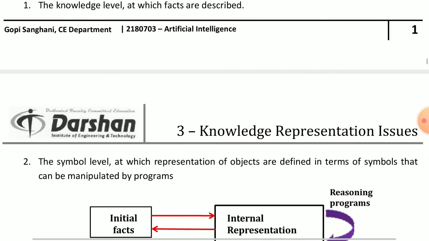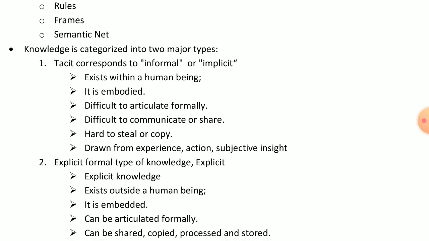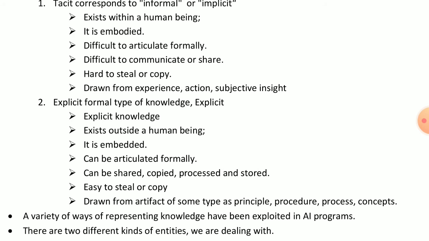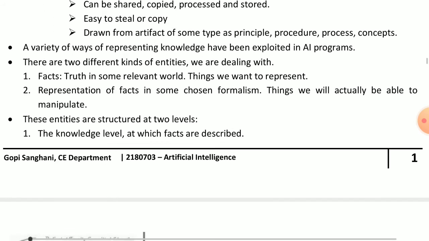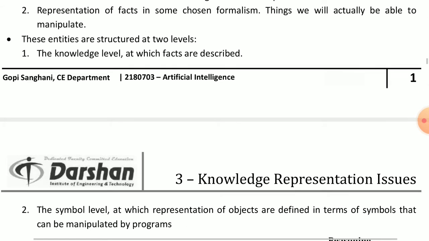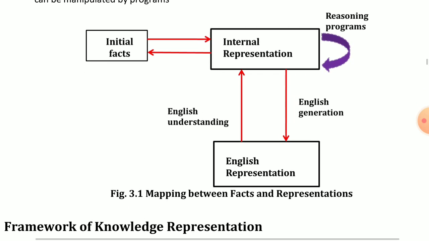Okay, its definition, basic introduction, then types of knowledge, implicit and explicit knowledge. Then two different levels are given, knowledge level and symbol level. Then one diagram is given, figure 3.1, mapping between facts and representation. First topic, okay, representation and knowledge.